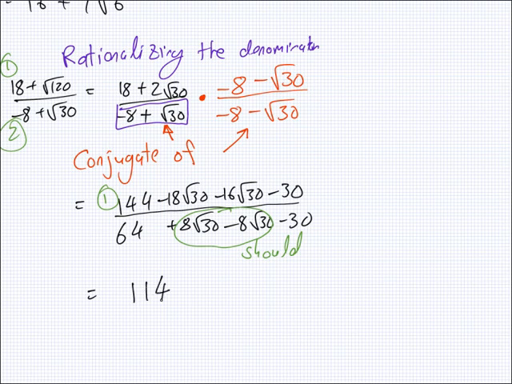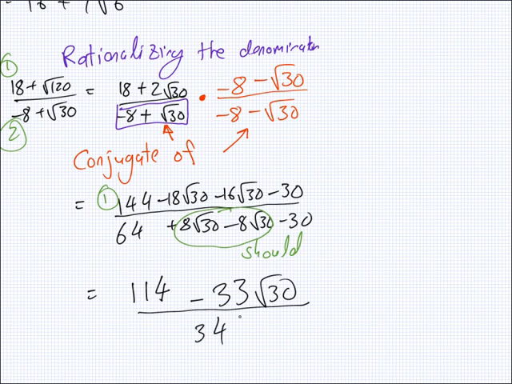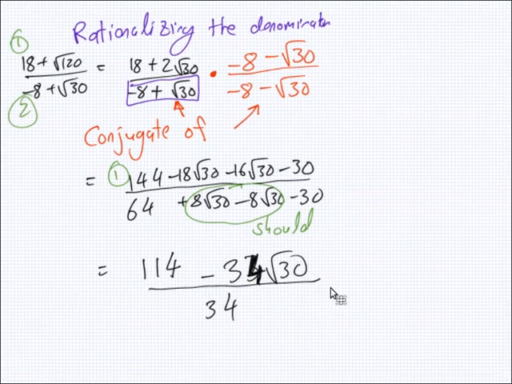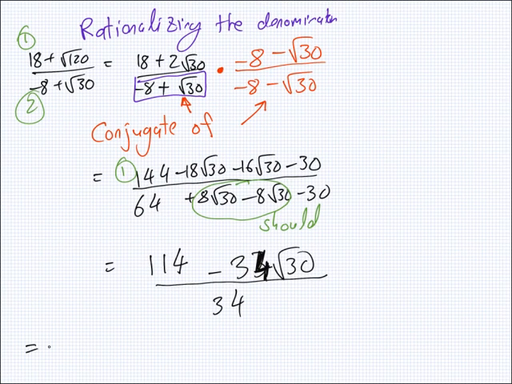114, is it? Yeah. Is that right? Minus 33? Over 34. Sorry, it's minus 34, is it? Okay. But we can change this into 114 over 34 minus 34 root 30 over 34. Does that go in or not?